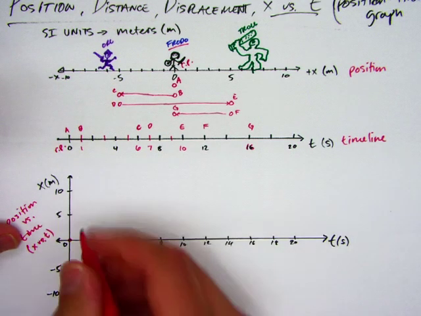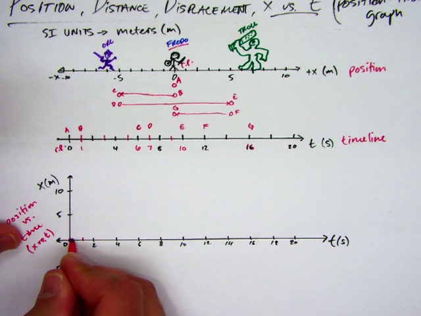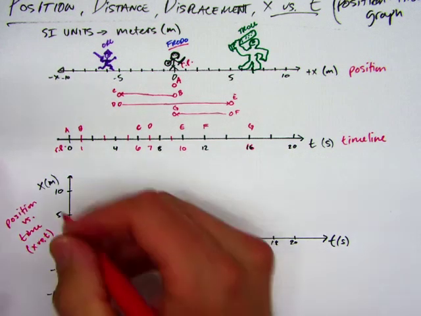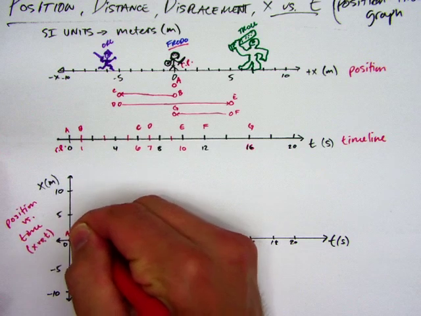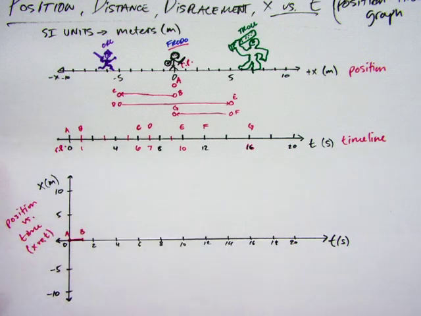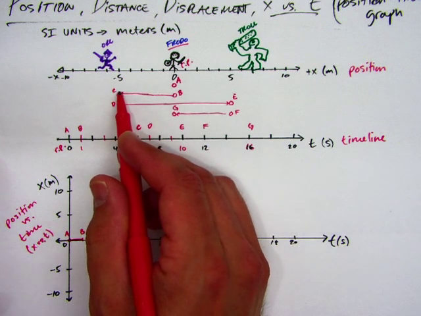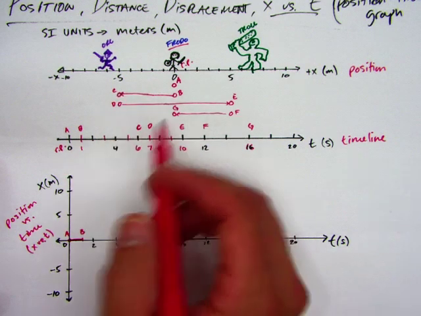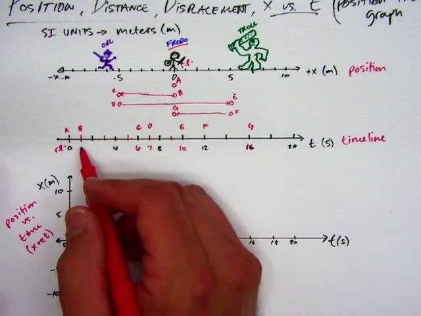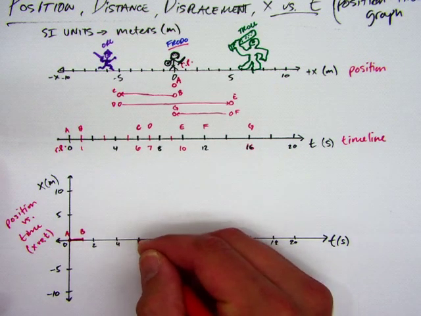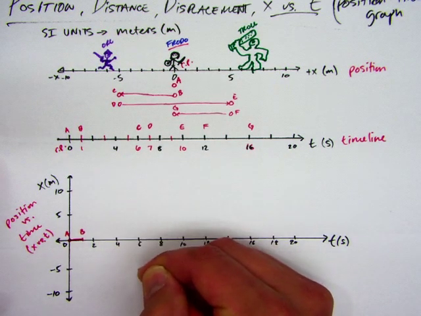So for the first second, he doesn't move, so his position doesn't change in that time. So from A to B, he does not move, so his position-time graph is flat. And then from B to C, he goes to position -5, and it takes him 5 seconds, from 1 second to 6 seconds. So at 6, he ends up at -5.